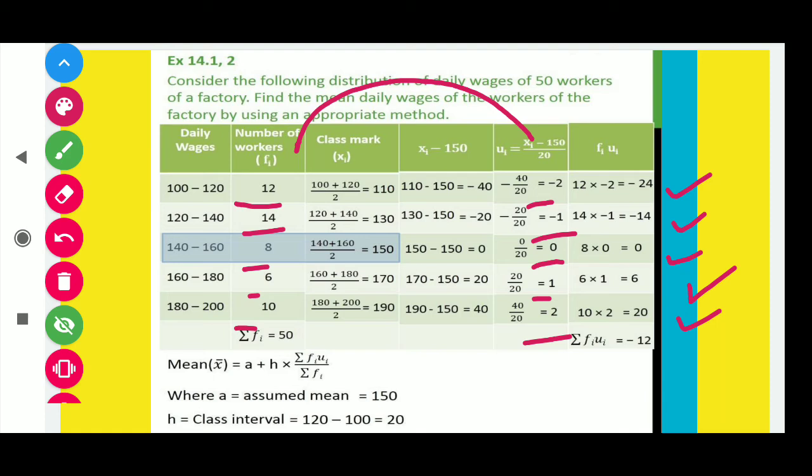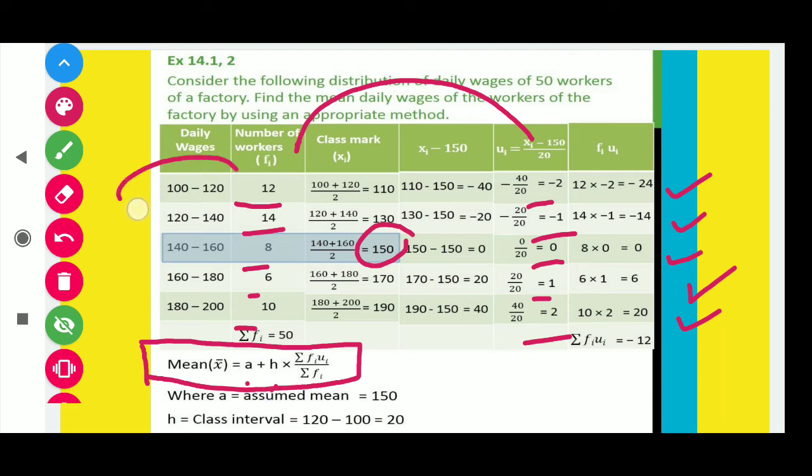Now students, the formula of mean is A plus h into sigma fi ui over sigma fi. Here A is the assumed mean, which is 150, and h is the width of the interval, which is 20. Sigma fi ui, you have to sum up all these values, and you also add the values of frequency.